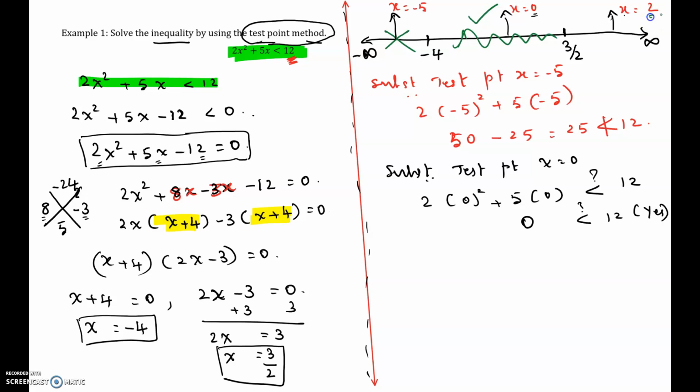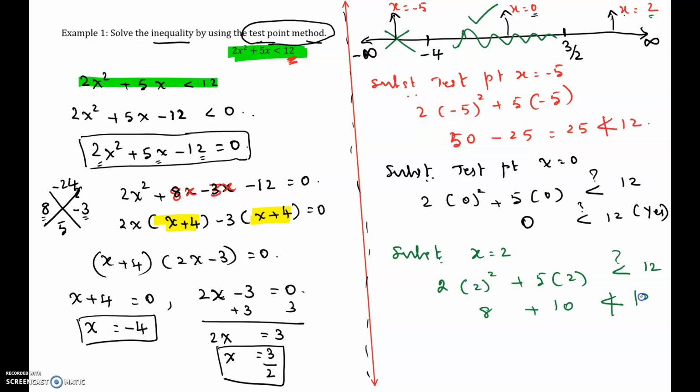Now let's try the test point x equal to 2 in the last piece. Substitute x equal to 2 into the inequality. It is 2 times 2 squared plus 5 times 2. The question is, is it less than 12? 4 times 2 is 8, plus 10.